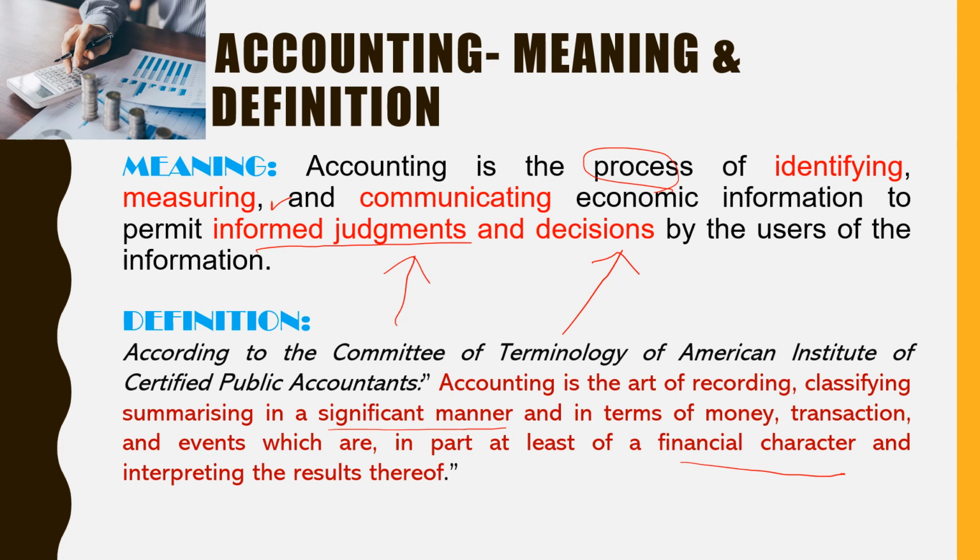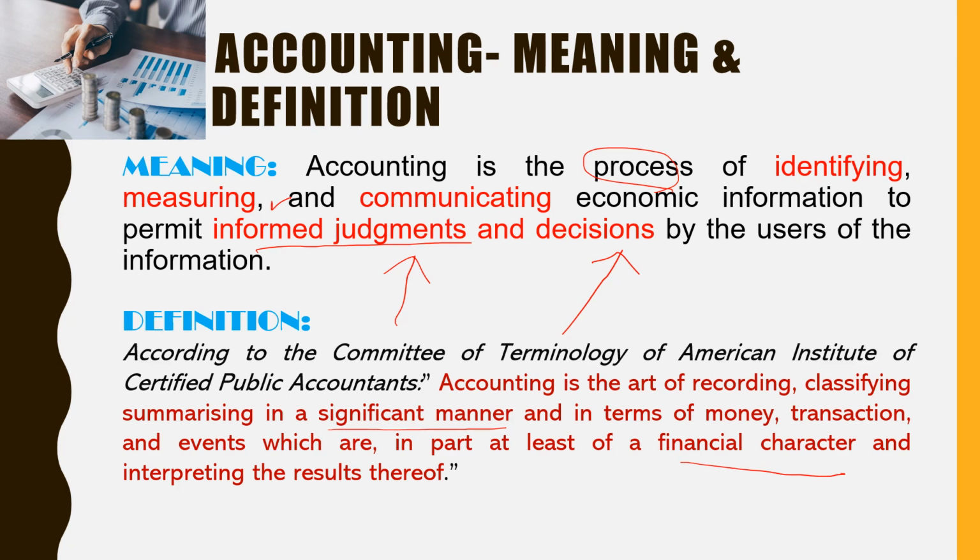Which means accounting is an art also here. So accounting follows a system of recording, classifying, and summarizing economic events which can be expressed in monetary terms, or in money terms. Okay, so that is about accounting.